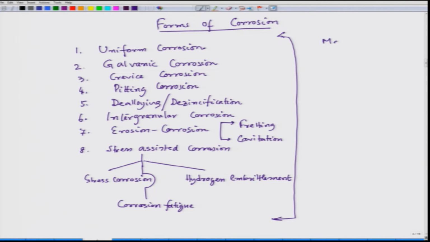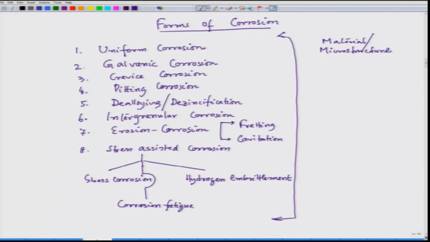One is materials, definitely. When I talk about material, that means if I consider these particular forms on a particular material, then the material composition is fixed. So, that time we talk about microstructure, since we are fixing the composition.